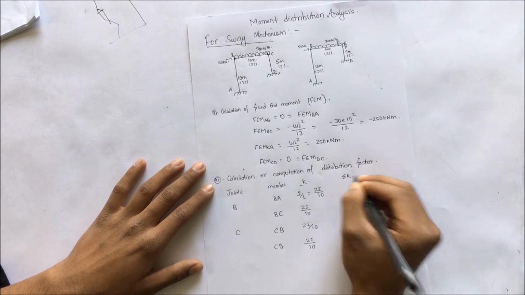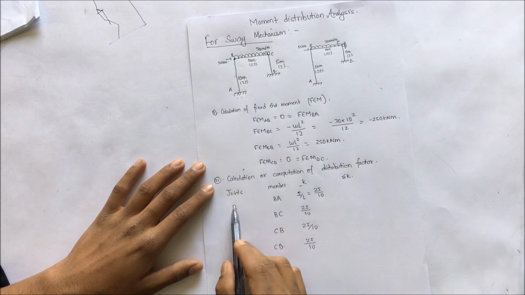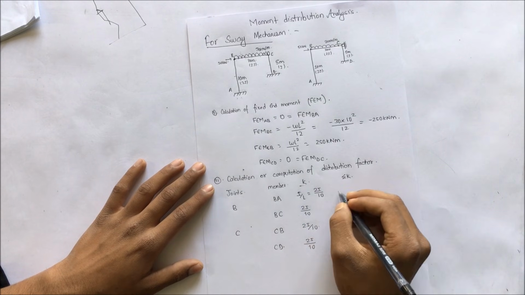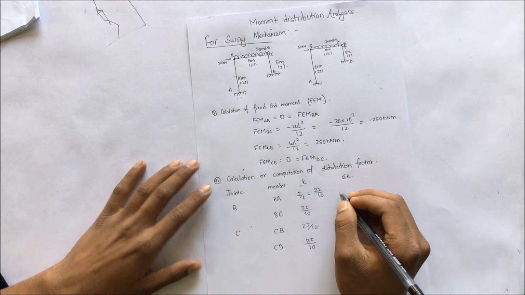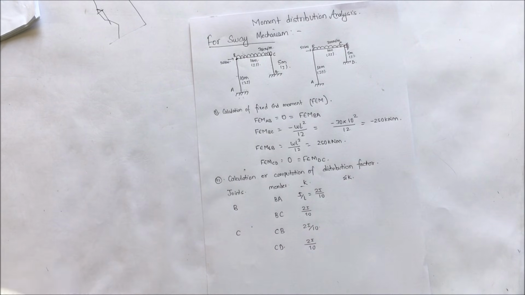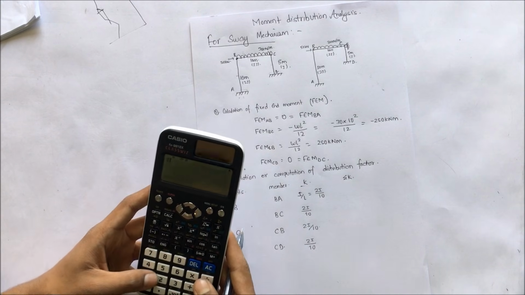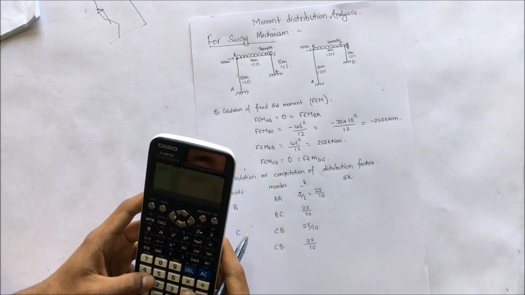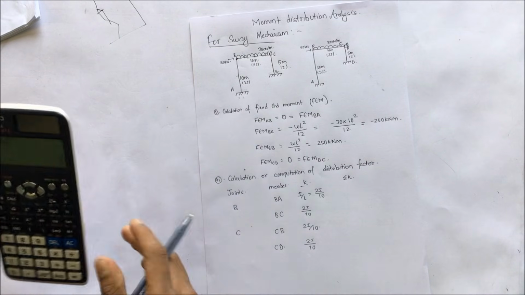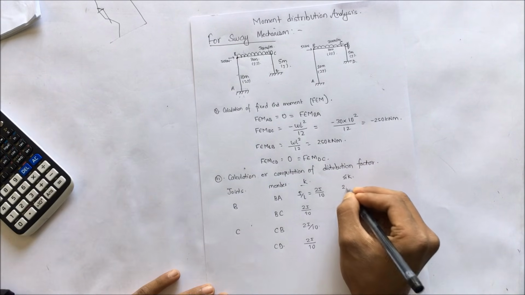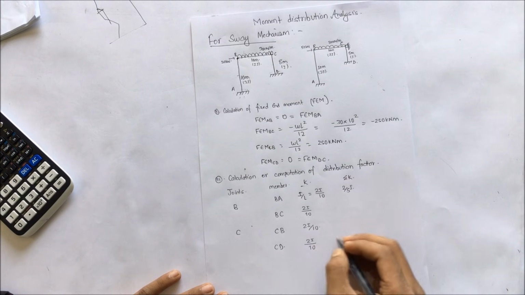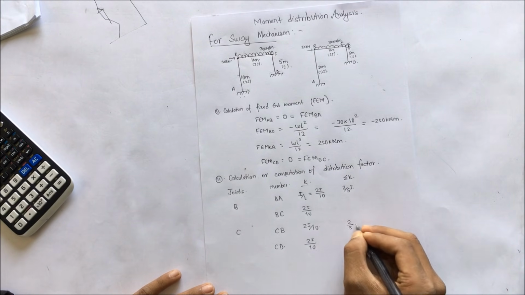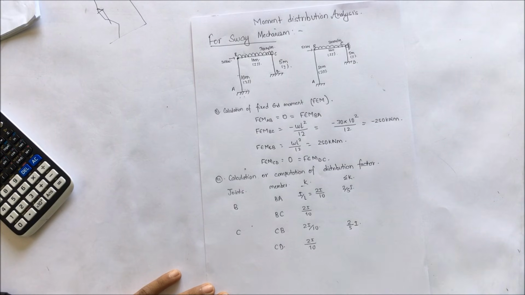Summation of K is taken for each joint, and it is 1 by 5, 1 by 5, so it becomes 1 by 5 into 2, so it becomes 2 by 5 I, and same will be here, 2 by 5 I.